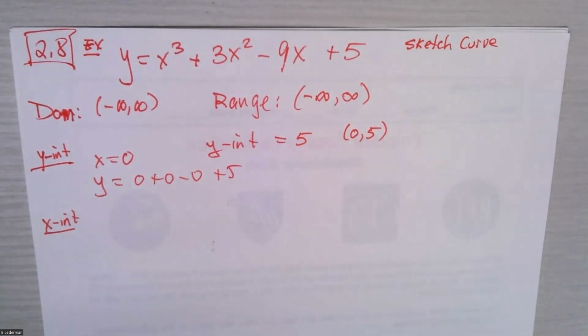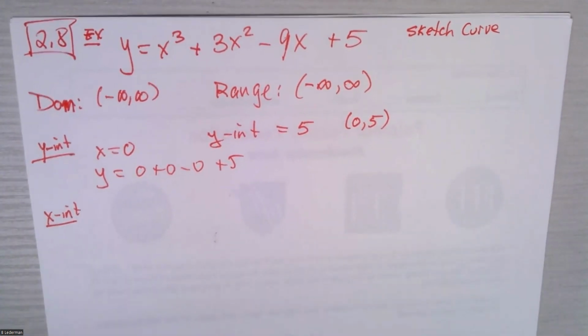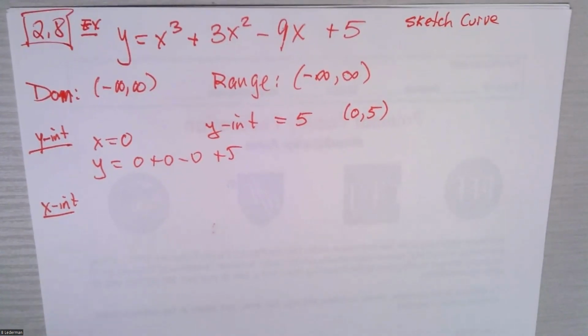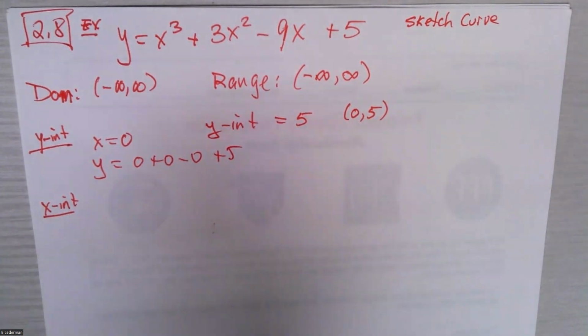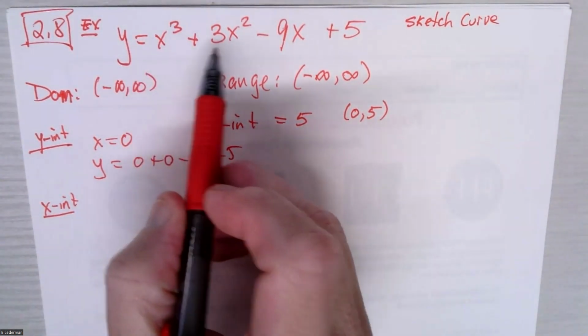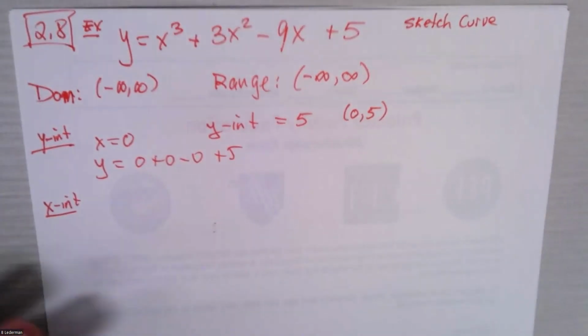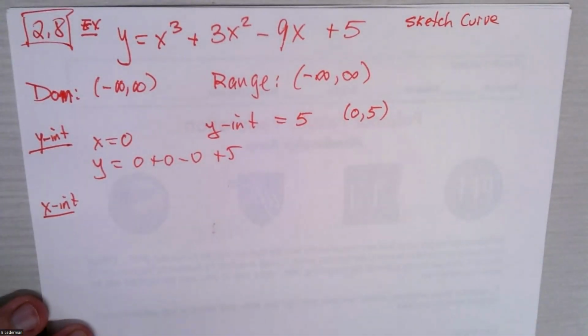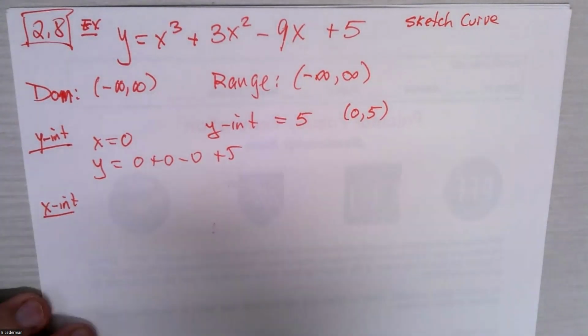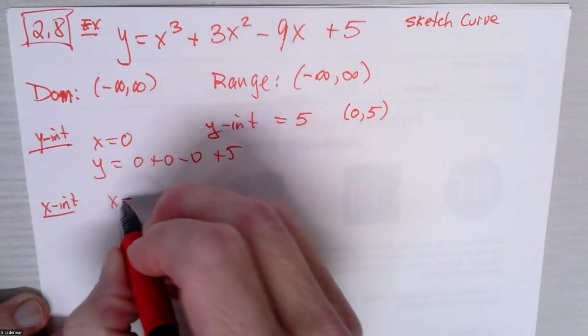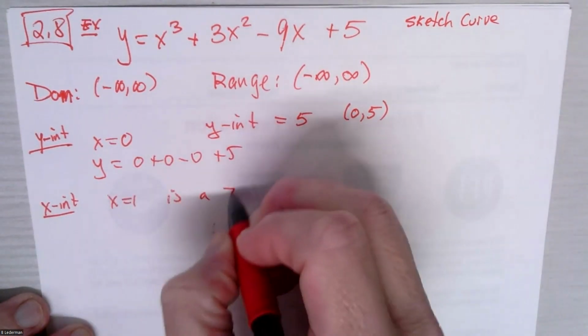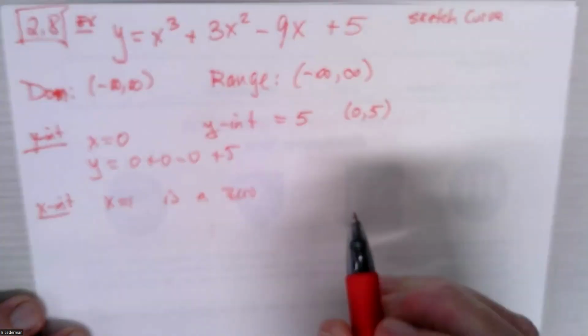One thing I noticed as far as factoring, and this is an old trick I always used in high school, is that if you add up the coefficients and they add up to 0, because 1 plus 3 minus 9 plus 5 comes out to 0, that means x equals 1 is a zero.